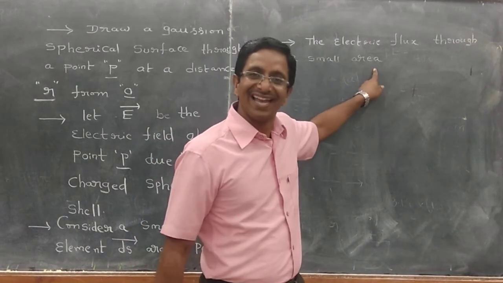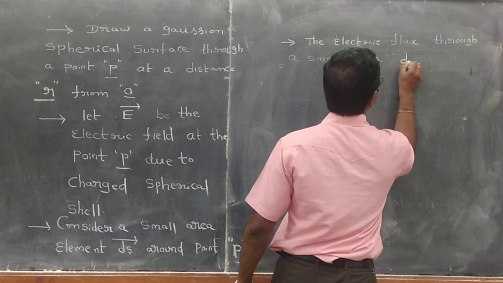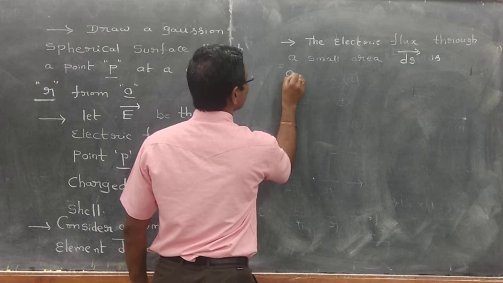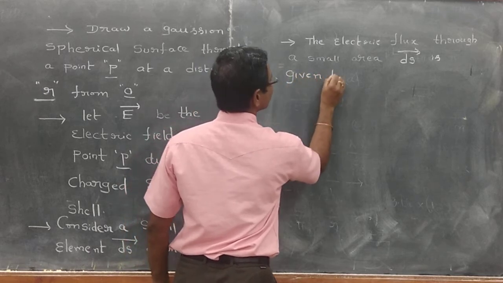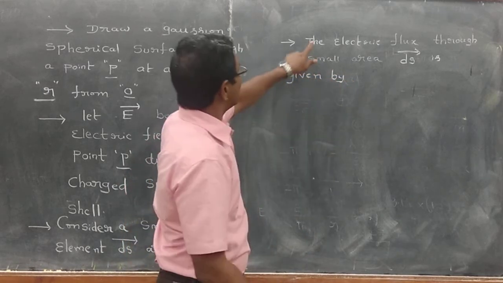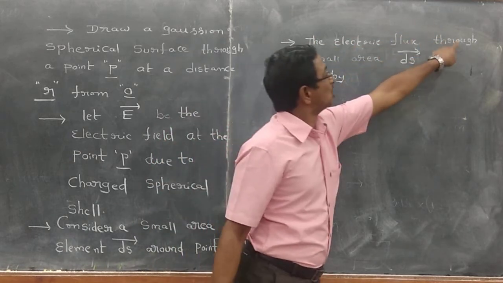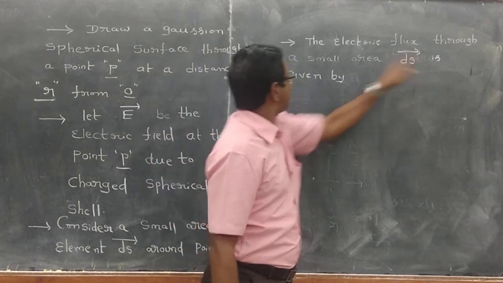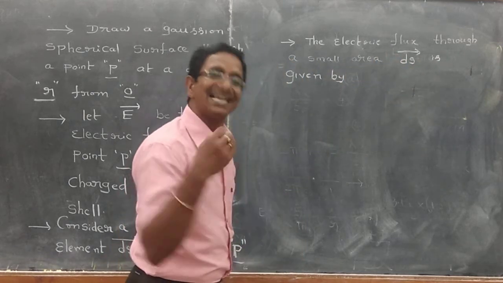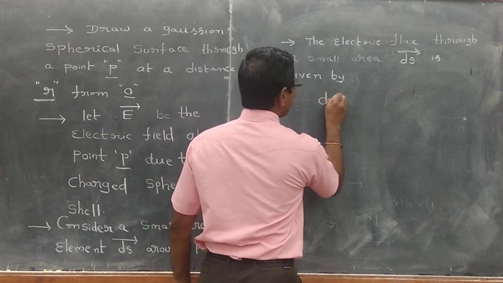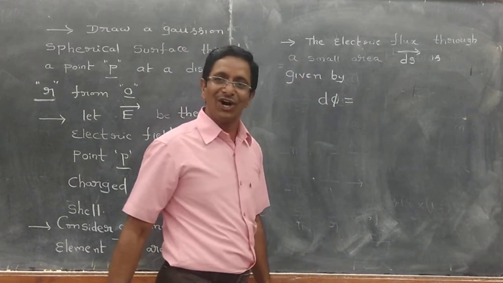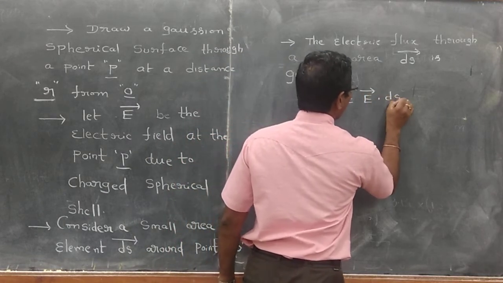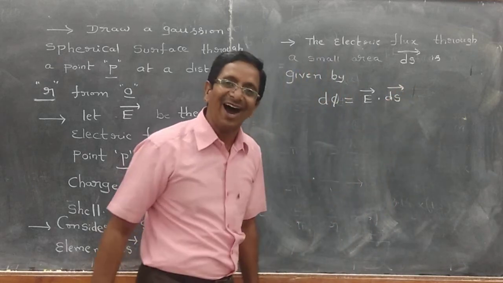Through a small area ds is given by, that means the electric flux through a small area ds is given by, that is d phi is equal to E vector dot ds vector.